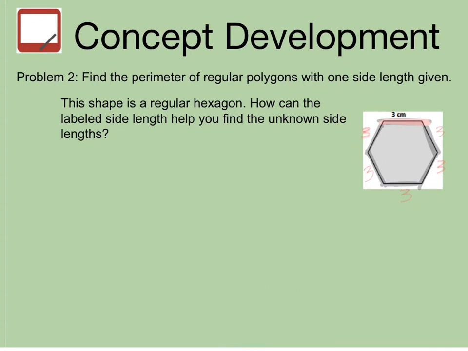Okay, and so now I can write my addition sentence for finding the perimeter of this shape. So I would write 3 plus 3 plus 3 plus 3 plus 3 plus 3. I have 6 sides on my shape, so I should have 6 numbers that I'm adding.